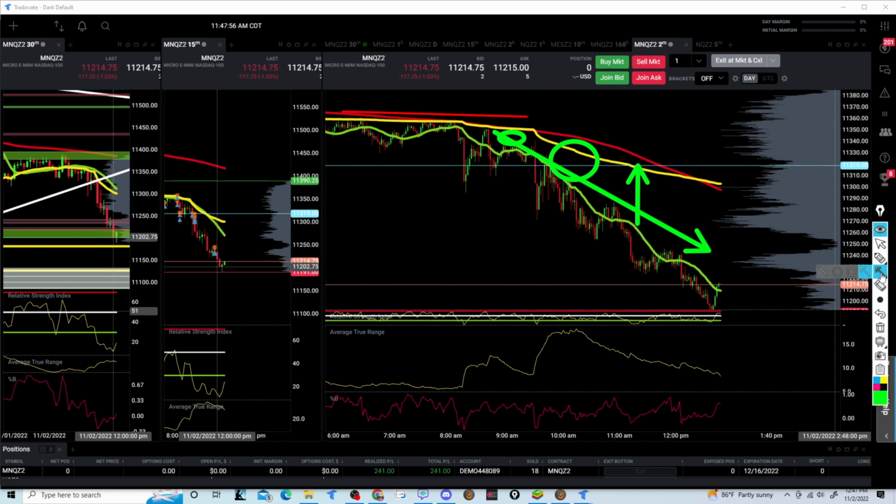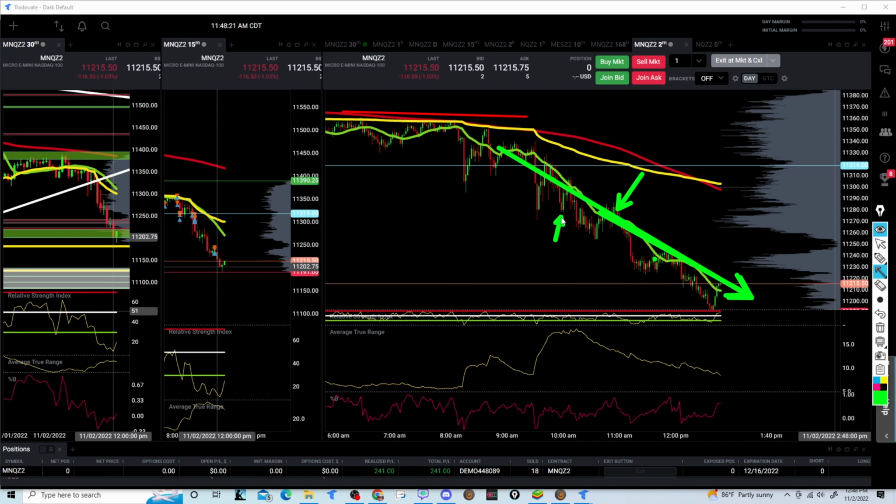You're looking to go short at or near the 20. Even if you got in at the wrong area, the power of the water flowing is too great and you will be carried in the right direction with it. If you were trying to buy these dips, you don't know where that power is going to knock it right back out. So never try to buy against the trend of the 20.